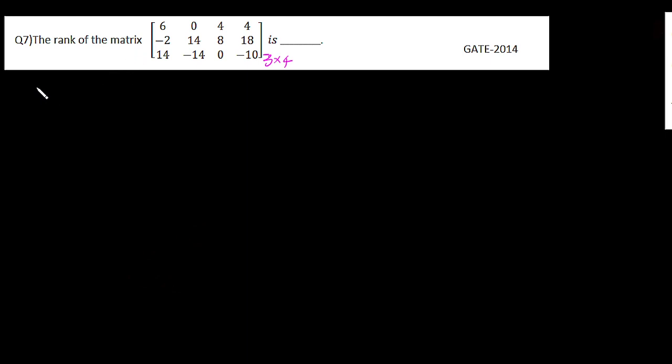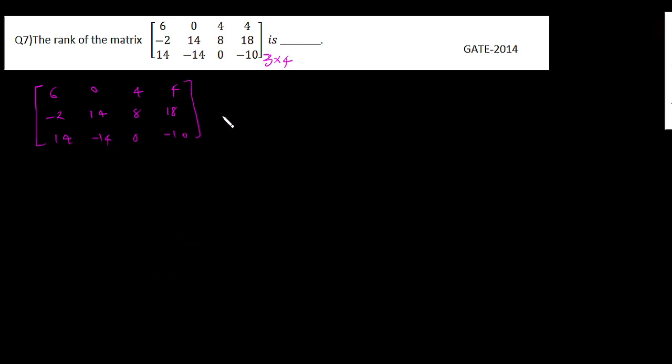Here, first of all, let's write it as it is: 0, 4, 4, minus 2, 14, 8, 18, 14, minus 14, 0, minus 10.